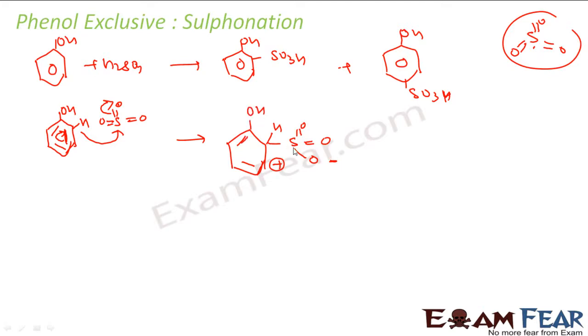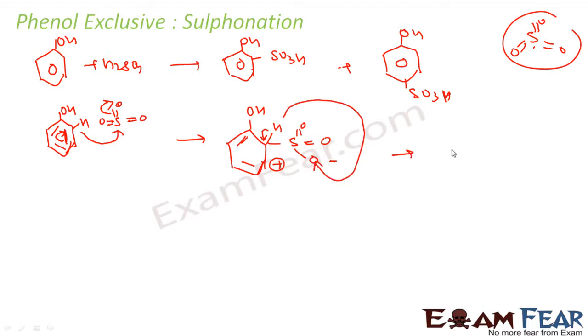Correct? Now this broke the aromaticity, so I don't want to break this. So this hydrogen will say, okay, I'll go out of this. So it will go out in this fashion, right? This becomes H plus, and this plus and minus will form a bond here. And this hydrogen, when it comes out, will attack this one.